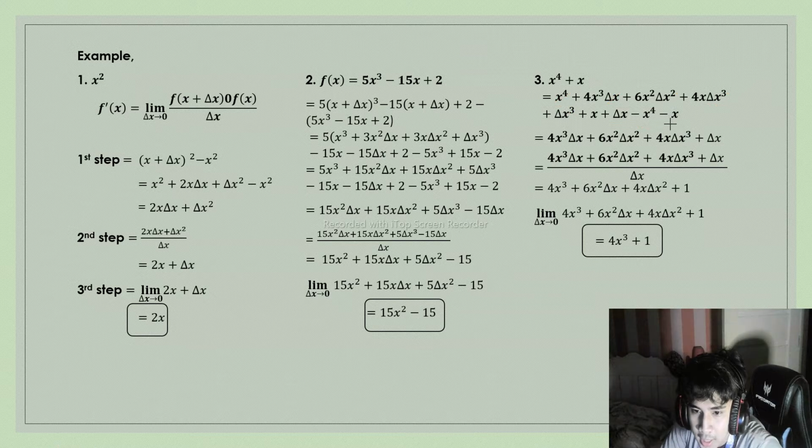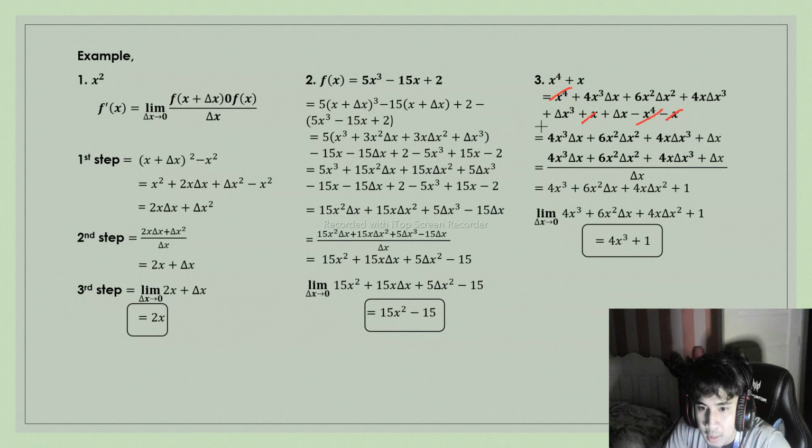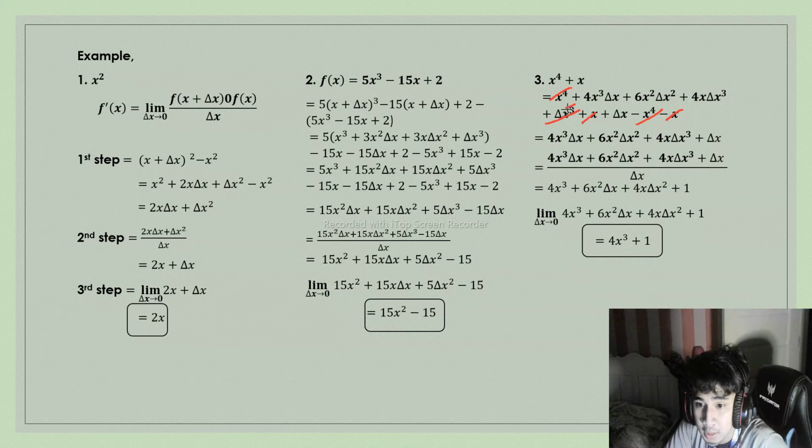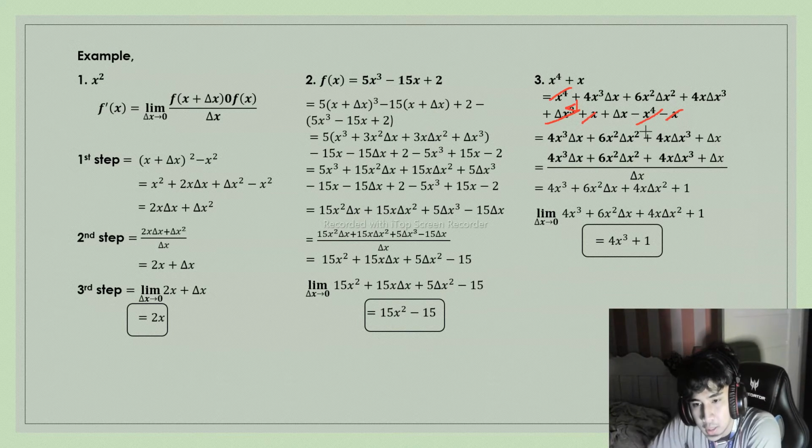Tatanggalin ba natin si x? Yes, tatanggalin natin si x. Yan. Delta x, kikip ba natin? Kikip natin si delta x. Si negative x raised to 4, tatanggalin natin. Si delta x raised to 4, tatanggalin din natin. Tatanggalin natin. Asan yung kapartner niya?